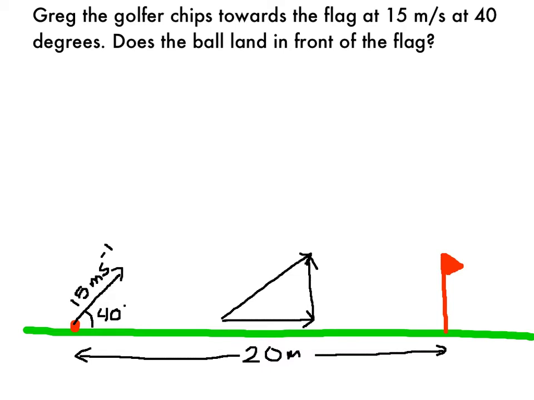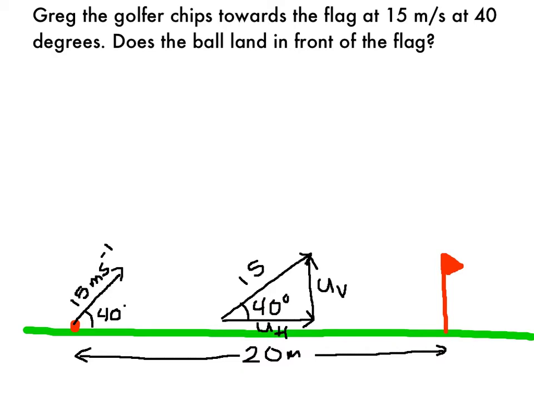Here is u horizontal and u vertical, and that's 15 meters per second at 40 degrees. So you can see from this triangle the opposite side, the vertical velocity, uV will equal 15 sin 40, and uH will equal 15 cos 40.